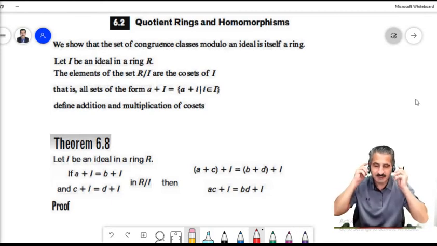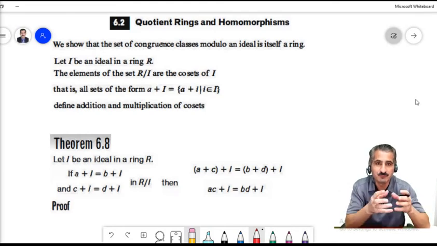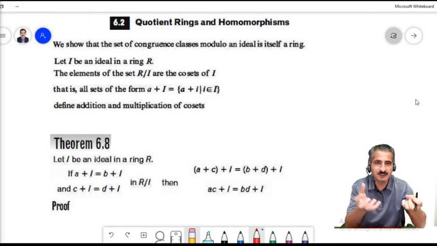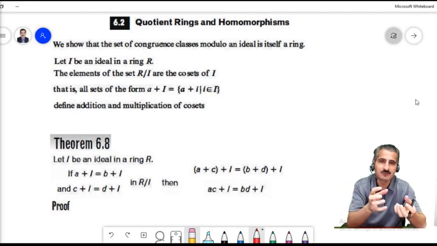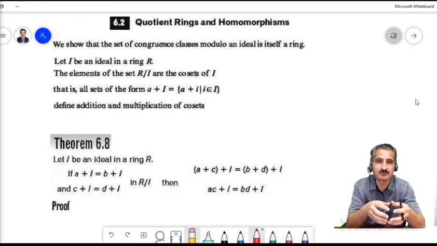Remember that when we formed a quotient group out of a group G, we took a normal subgroup N, and then G over N formed a quotient group. Then we studied the relation of homomorphisms with this quotient group. We will be doing the very same thing today, but with quotient rings.